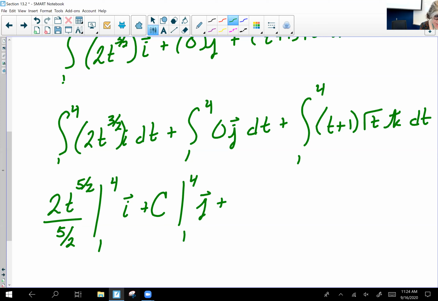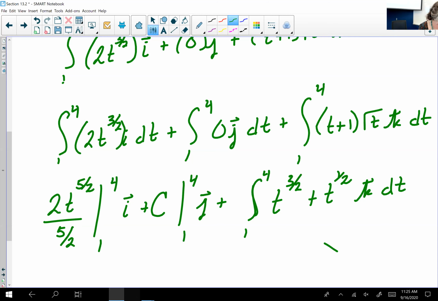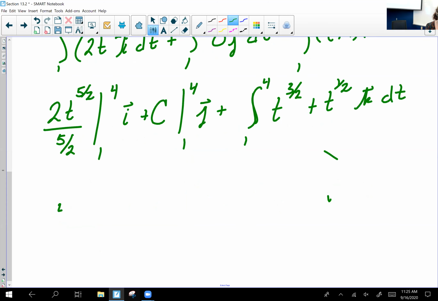Finally, I'm going to do a step in here. I'm going to distribute that t. So it's going to become t raised to the 3/2 plus t raised to the 1/2 dt. This is then going to become 4/5 t to the 5/2, evaluated from 1 to 4, i.